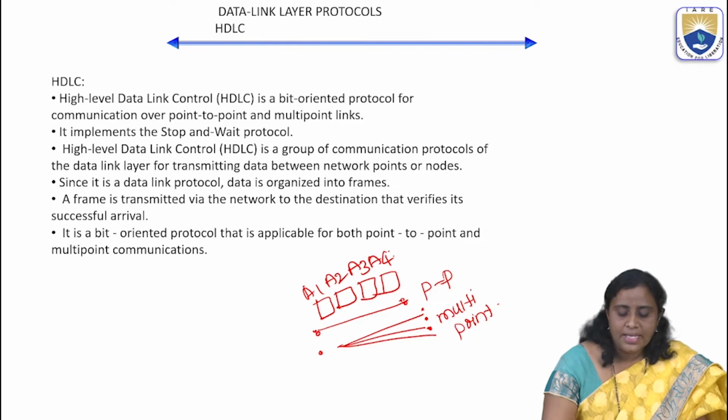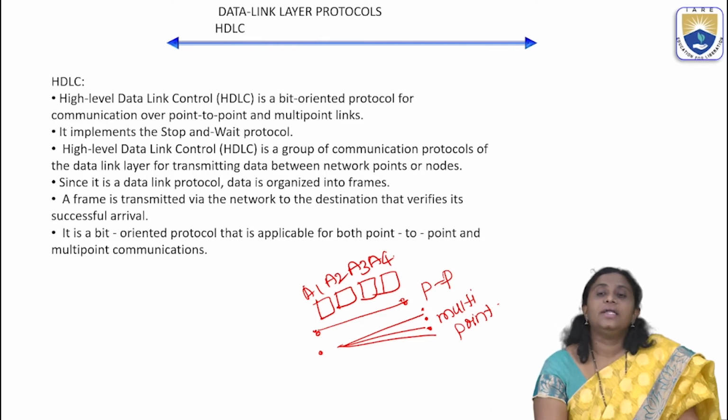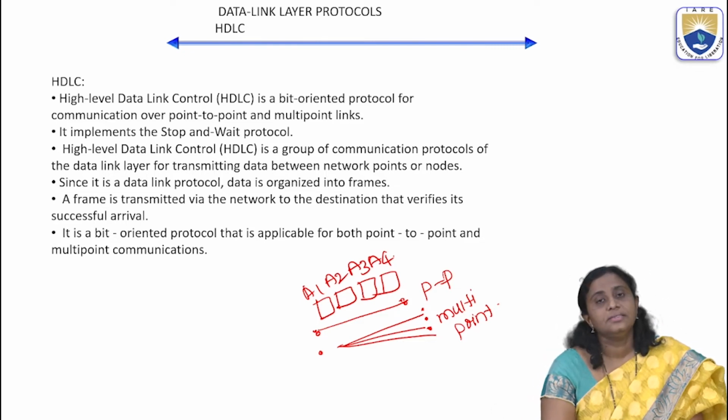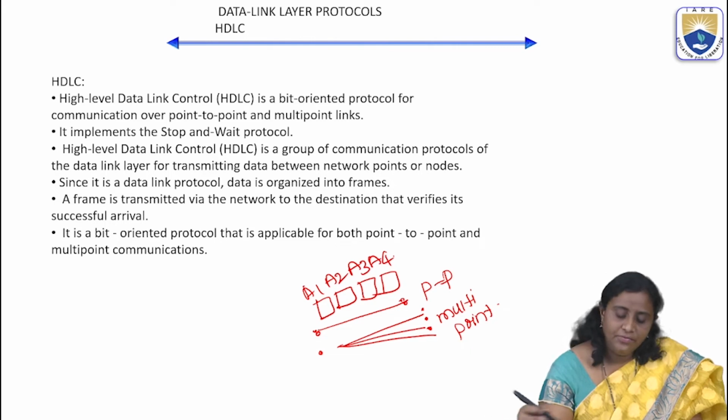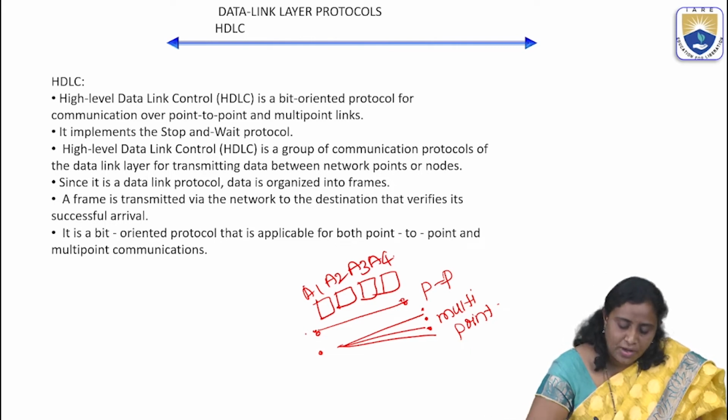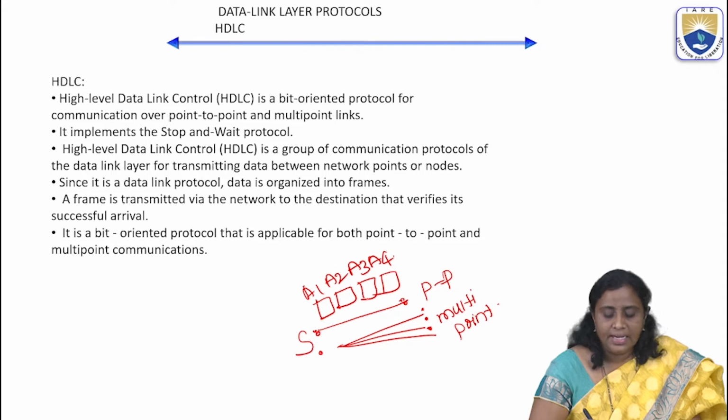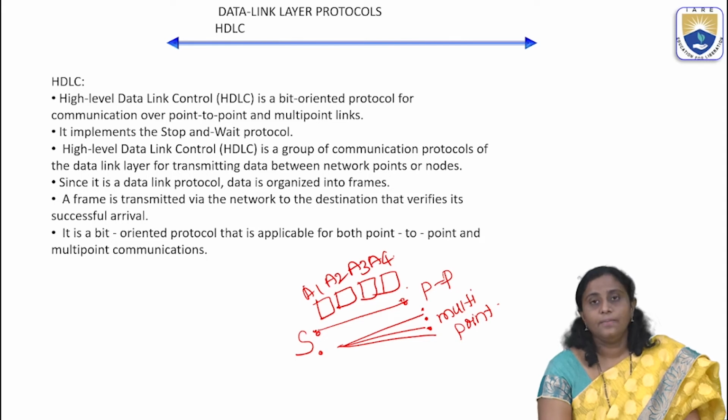A frame is transmitted via the network to the destination that verifies its successful arrival. Whenever a frame is transmitted from one node, it reaches and is accepted at its destination in a successful arrival mode.